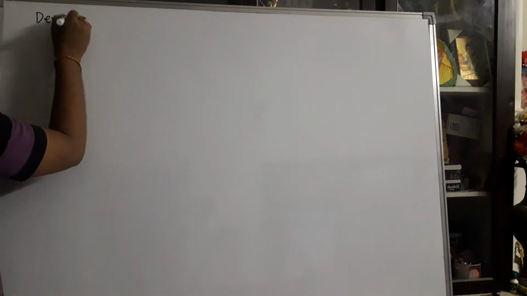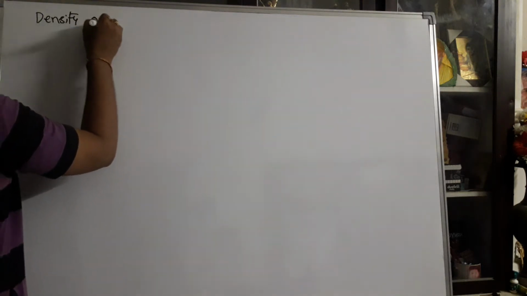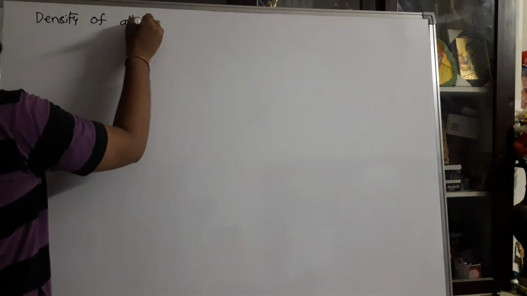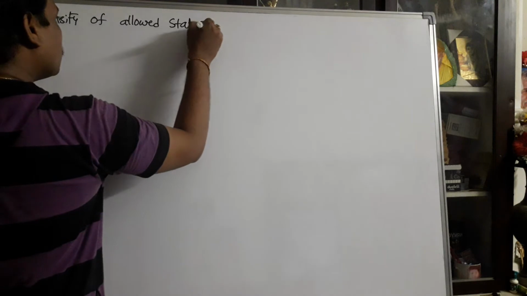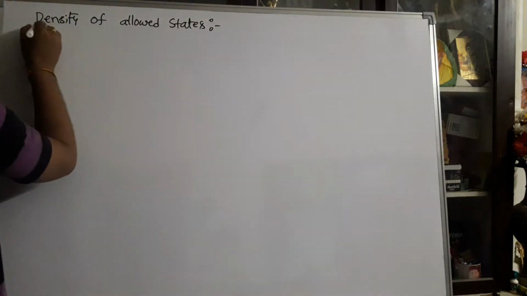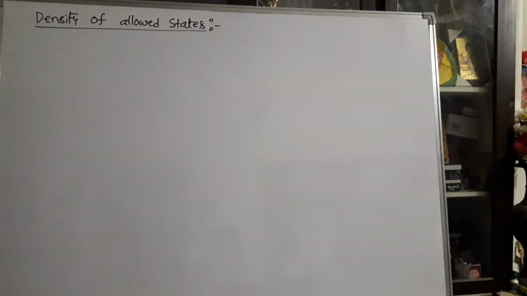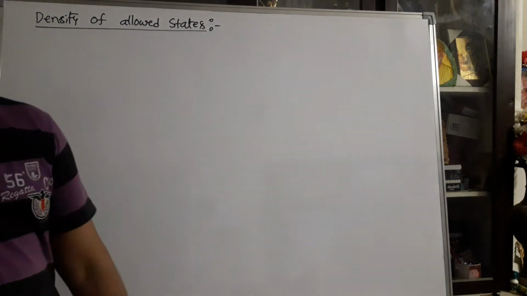Based on that you can derive the density of allowed states. So the next topic belonging to allowed states is called density of allowed states.